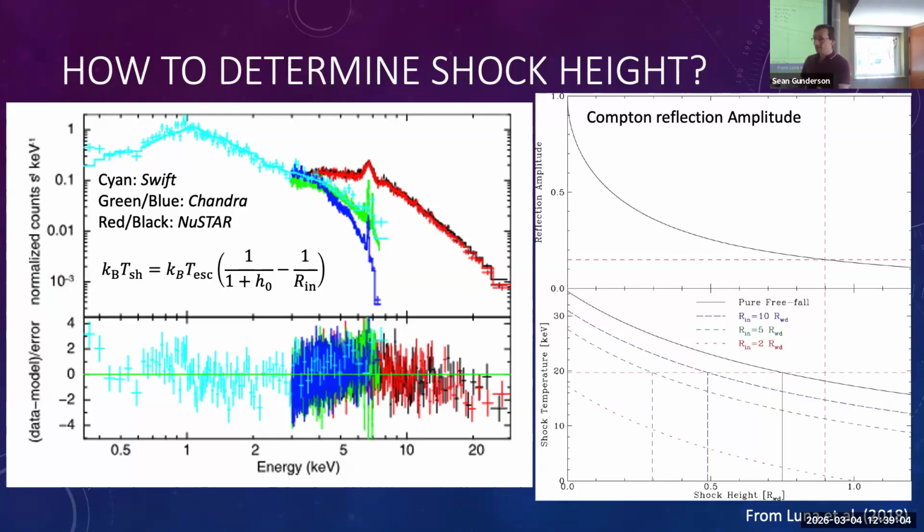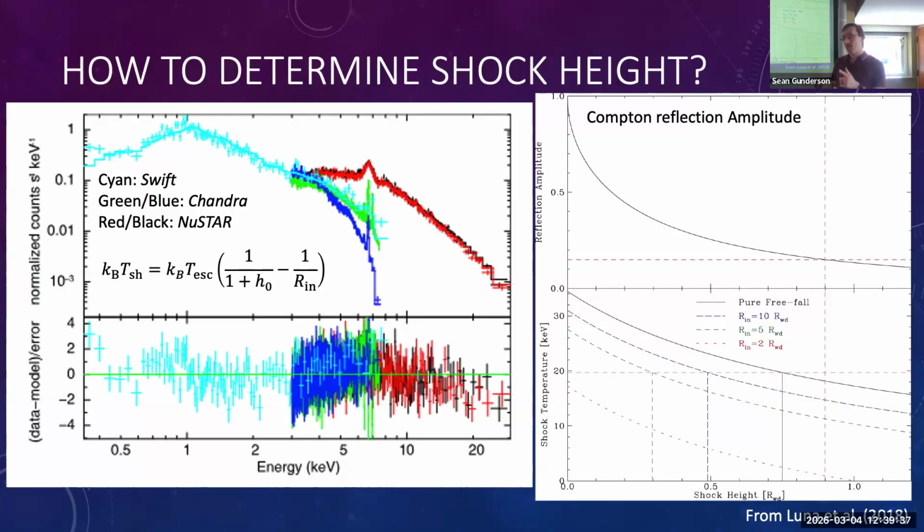And that large range is due to an assumption you have to make about the truncation radius of the disk, because depending on how far out it goes, you're getting closer and closer to reaching pure free fall velocity versus some fraction of that. And so that's where they had to more or less stop their analysis, because they didn't have enough information to tell them what that truncation radius is or to narrow down the range between these curves.